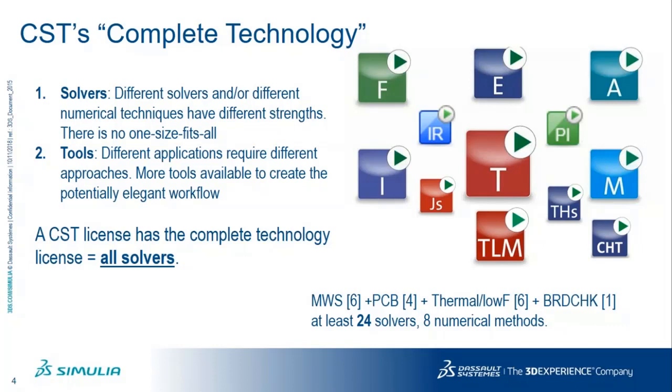And it's very timely to talk about complete technology right now because CST's standard license now has all of the solvers included as standard. And when I did a very brief count up of how many solvers we have, it's at least 24 solvers, probably more, and 8 distinct numerical methods, and again, probably more.